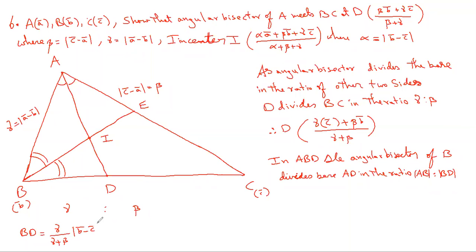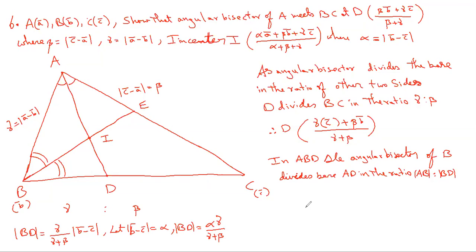They have given a name in the question itself: let mod B bar minus C bar equal alpha. Then the length BD equals alpha gamma by gamma plus beta.